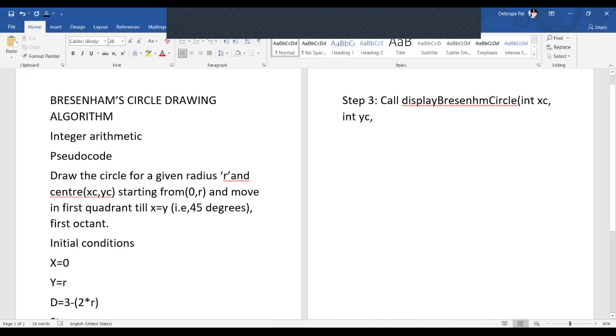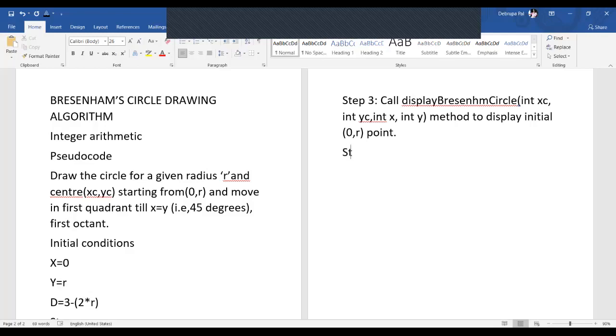Similarly we will write here integer x and integer y. Method to display, how it is displayed, initial 0 and r stands for radius. Okay, so this is step 3.